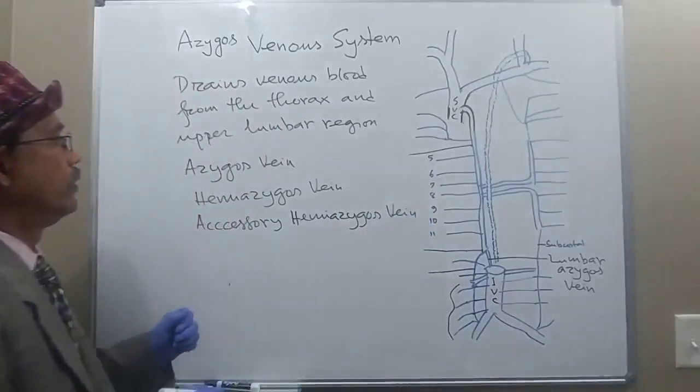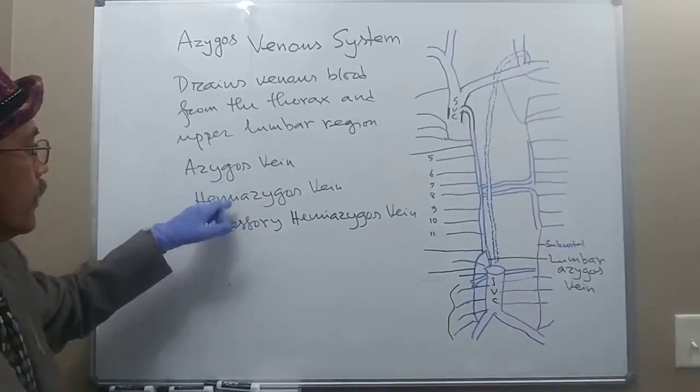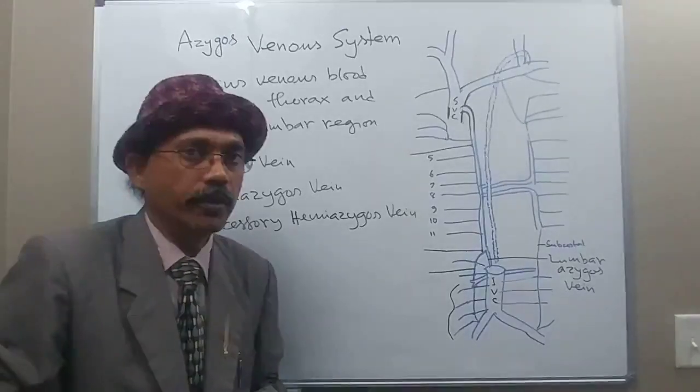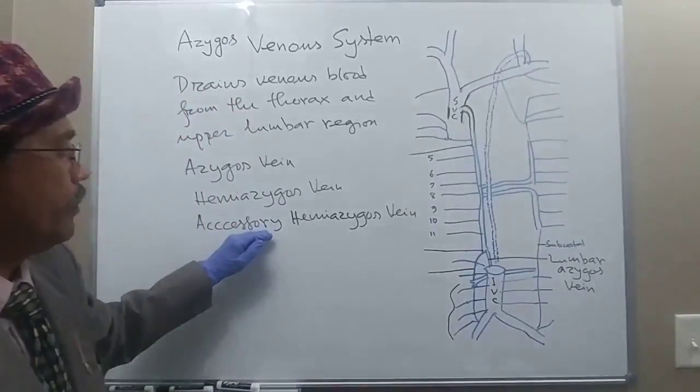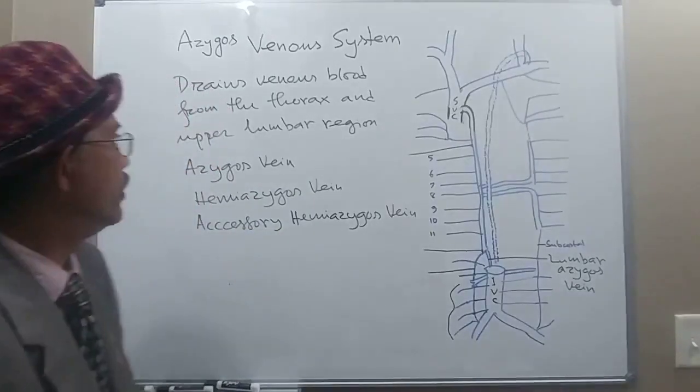Okay, so these are the veins. The hemiazygos vein is also called the inferior hemiazygos vein. Accessory hemiazygos vein is also called the superior hemiazygos vein.